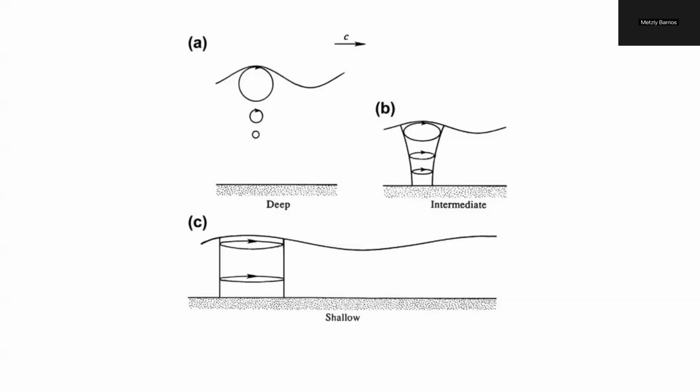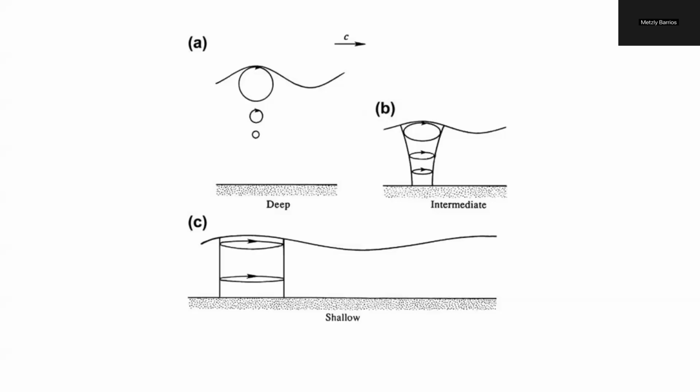So let's write this then for the general form. So c for this was the square root of g over k times tanh kh. You guys okay with me writing tanh like this? Okay.